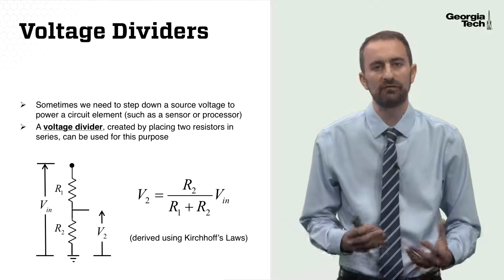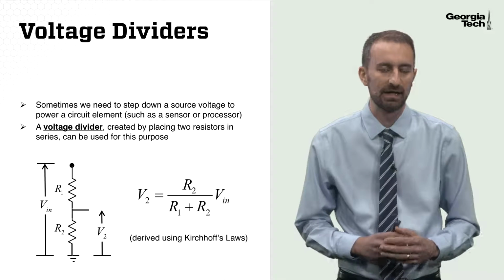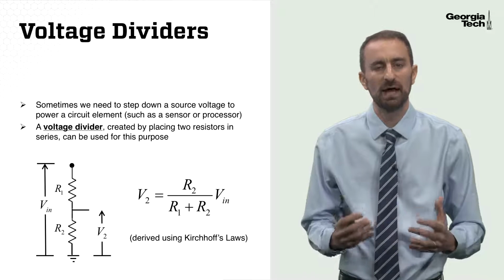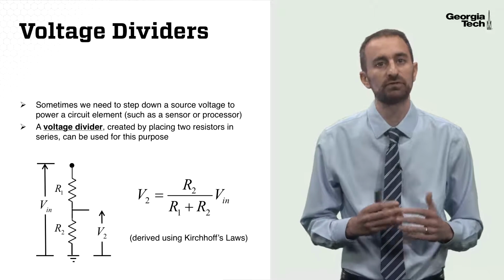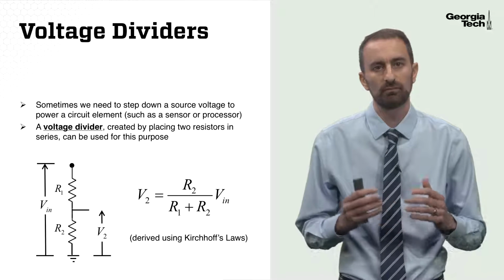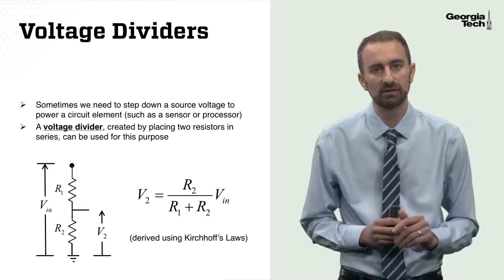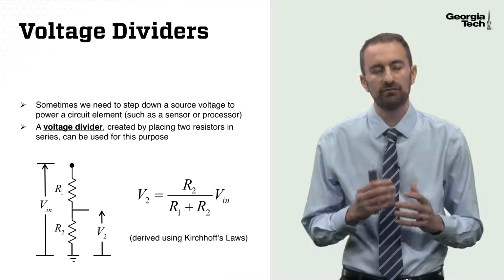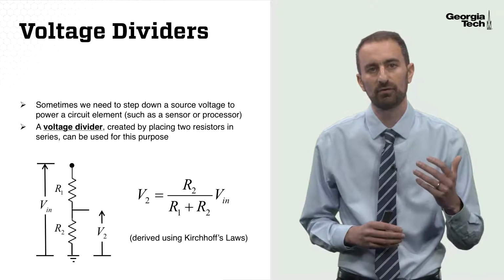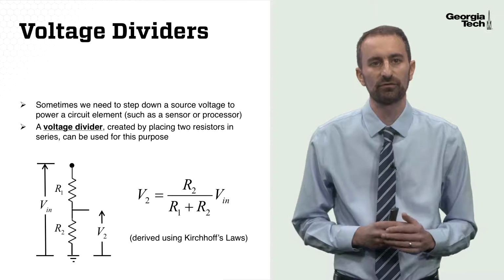Sometimes we need to step a voltage down in a circuit for a mechatronics device. When we do that, one option is to use a voltage divider. To create a voltage divider, we'll place two resistors in series. The diagram of a voltage divider is shown where we have one resistor R1 and another resistor R2.